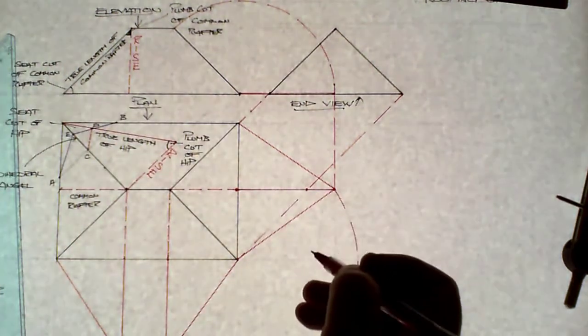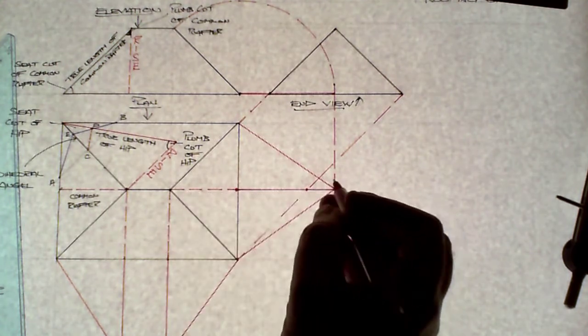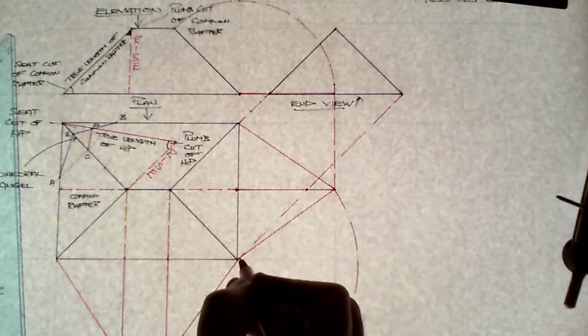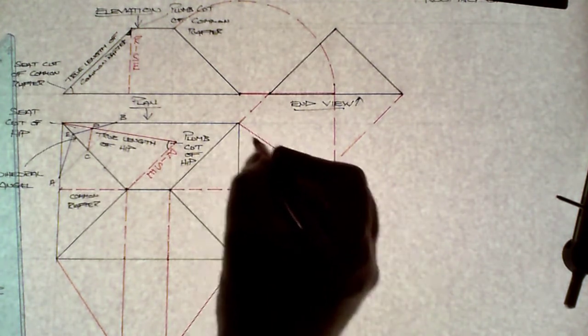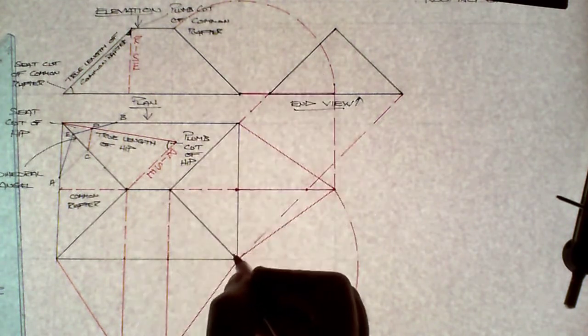So that there is the true length of the common rafter here. I then brought this point here back to the corner points of the wall plate. That gives me here a true shape of this roof surface.